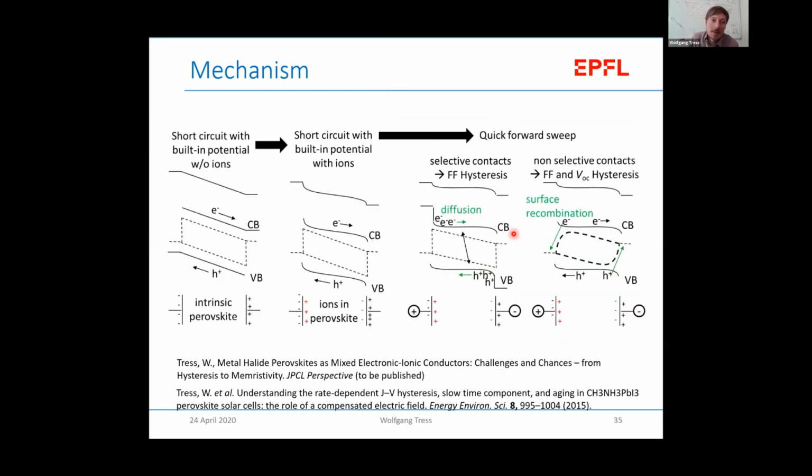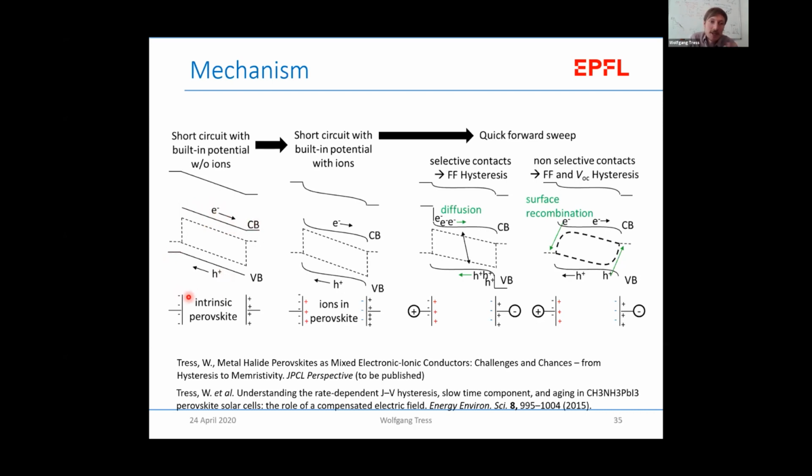Then we can come up with these kinds of pictures to summarize. The idea is that we have our absorber, under short circuit, or maybe we applied some negative bias. At least in this case, we even have a gradient in our conduction band states, meaning that there's an electric field, so it would drive the electron down here, the hole there.